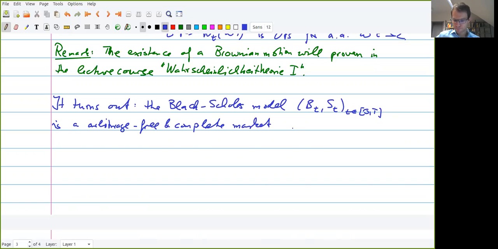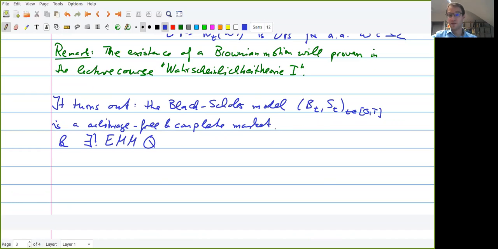And there exists a unique equivalent martingale measure Q.